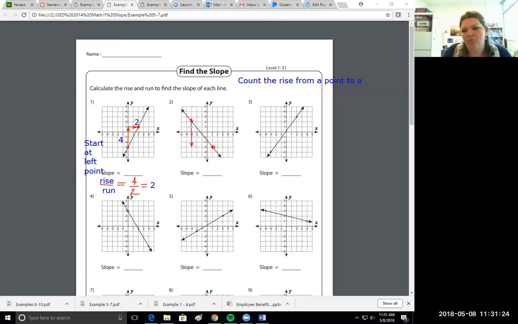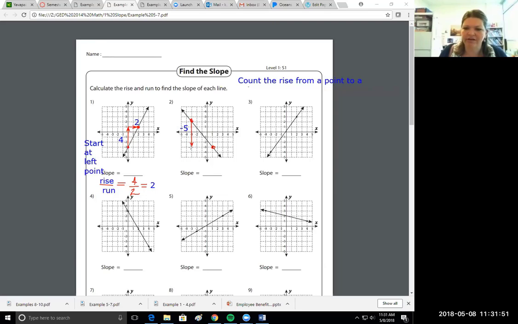I went down 1, 2, 3, 4, 5. It looks like I fell 5 if I count that rise. And so my top value is going to be a negative 5. A fall, that's how I think of negative numbers of 5. And that should make sense to you from the problems we were doing earlier, because this line slopes down. It ought to have a negative involved in it.